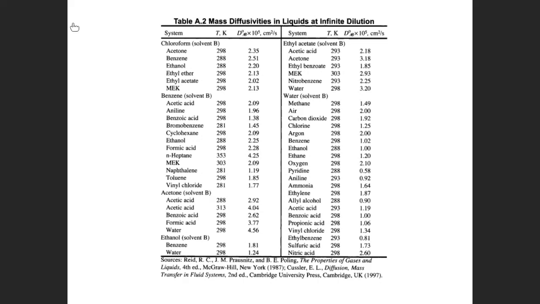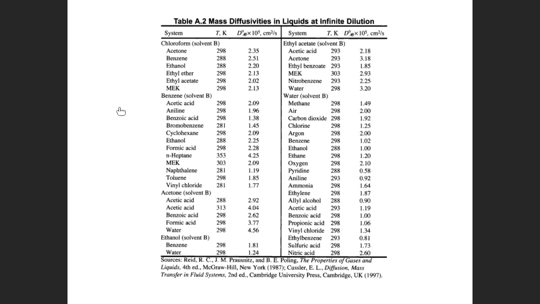Now we can come to other things. This is basically mass diffusivity in the liquid at infinite dilution. What is the meaning of infinite dilution, and why is it at infinite dilution? The answer is, as I mentioned, we are assuming the simplest cases and we want to remove any interaction between the molecules.